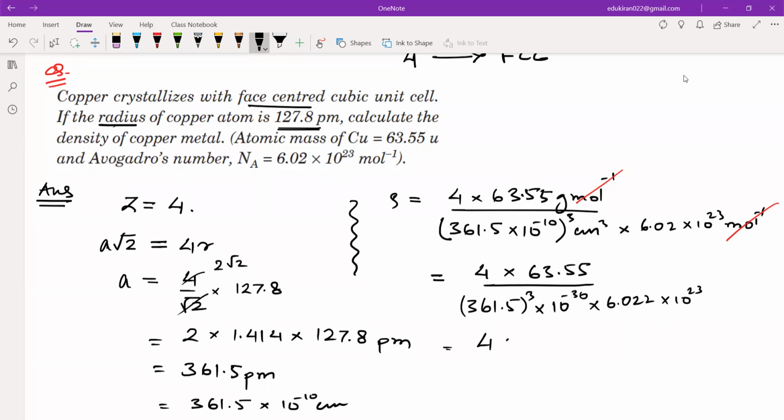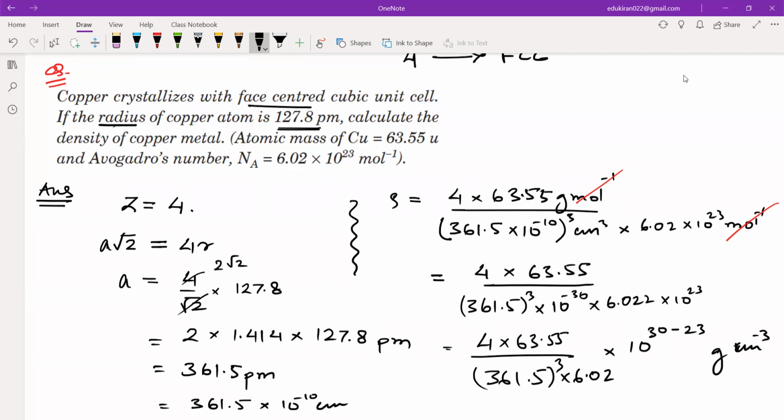So you can write now 4 into 63.55 divided by 361.5 whole cube into 6.02 into 10 to the power minus 30 will go above and you will get 10 to the power plus 30, and this 23 will be going up and it will be getting negative. So this will be minus 23 and everything will be gram per centimeter cube.